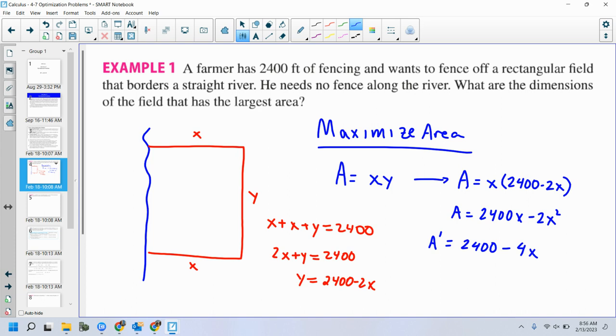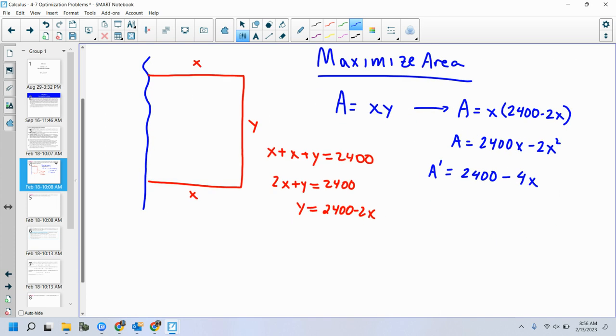Okay, so therefore I know that if I find the zeros of that thing, that's going to be my maximum or minimum value. 2,400 minus 4x equals 0. Add the 4x. Divide by 4. 600 is equal to x.